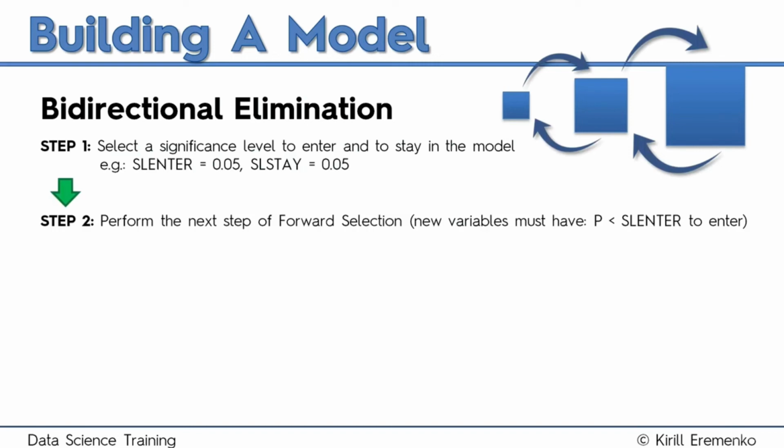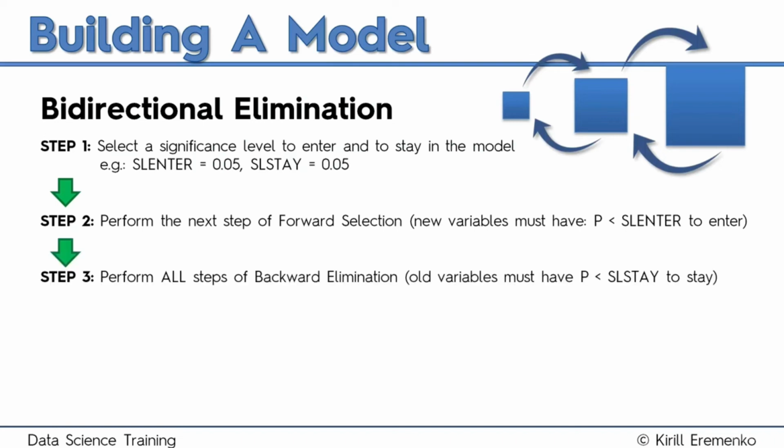Step 2, perform the next step of the forward selection, meaning the one that we just discussed, where new variables, in order to enter, have to be less than the significance level to enter. So basically add on a new variable based on the forward selection method.